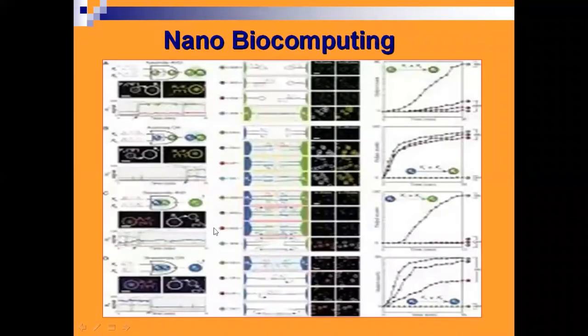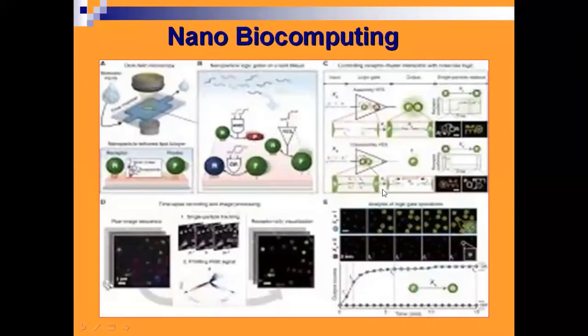You can see the picture. This is the nano computing circuit created in nanoelectronics with the help of neurons and DNA molecules. This is like a motherboard. In all these circuits, DNA will be there. It's a nano device, a nano biocomputing device. Again, the same picture, a different version of the picture.